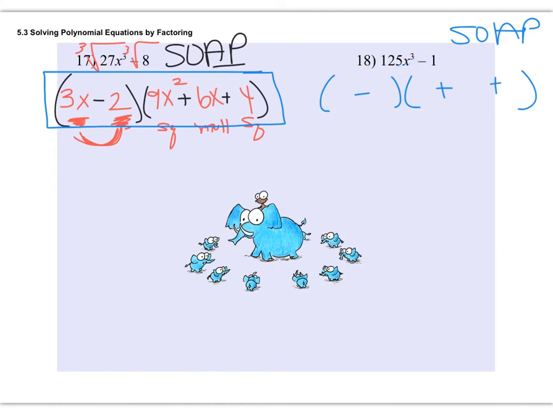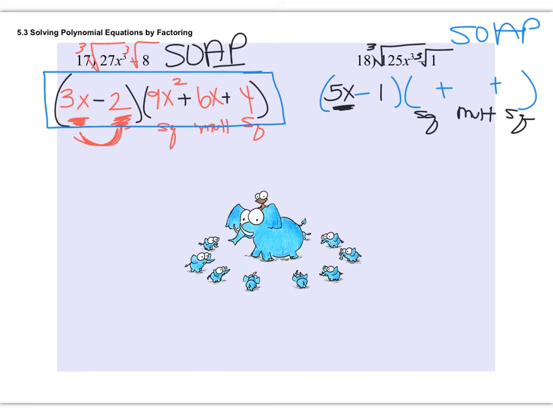All right. Then it is a matter of, did you memorize the pattern? So we take the cubed root of 125x cubed, which is just 5x. You will take the cubed root of 1, which is 1. And then you will square, multiply, square.